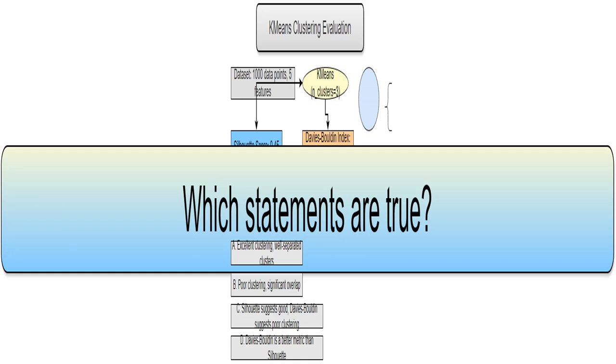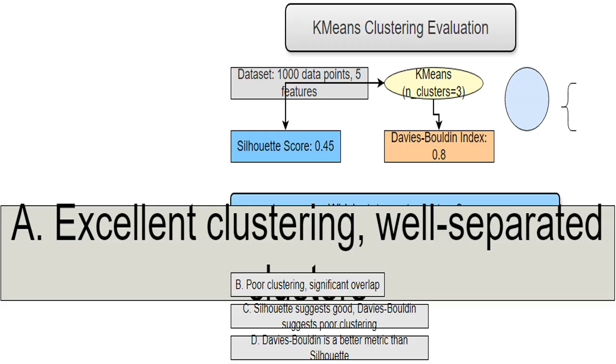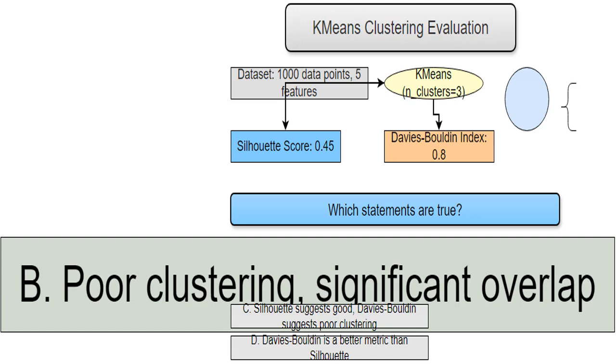I need to determine which statement correctly describes the quality of the clustering based on these two scores. Let's analyze each option. This is incorrect. The Davies-Bouldin index shows significant overlap. While the silhouette score isn't terrible, it's far from excellent. Partially correct. The high Davies-Bouldin index points to significant overlap between the clusters.